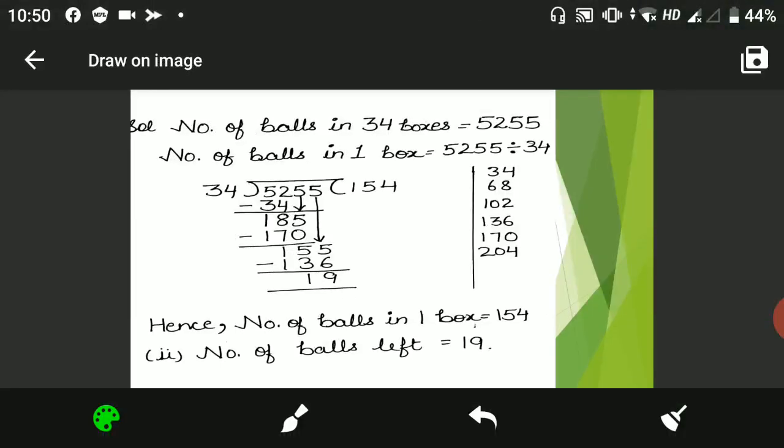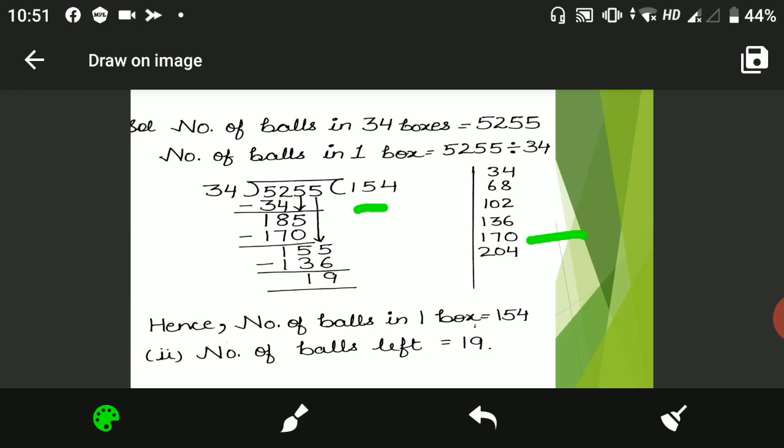185. Now you see which number is closer to 185, that is 170. So in which position does it come? In fifth position. So I have written 5 over here and 170 down of 185. When I subtract, I will get 15. So 15 is smaller than 34. So I will take another number from up. So I have copied the 5 down.